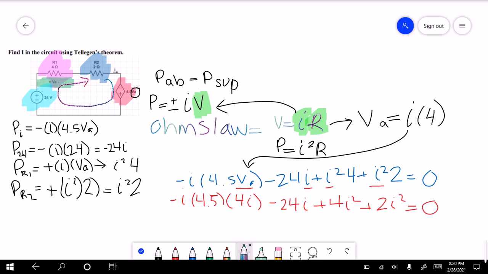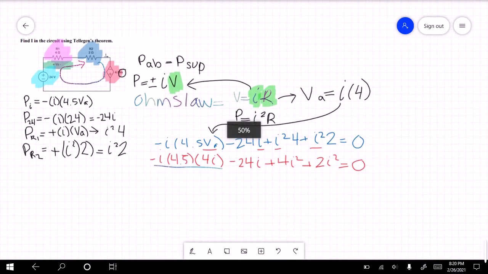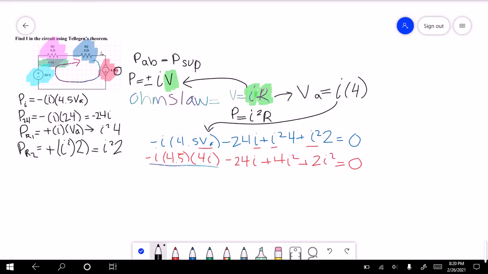Now we're going to multiply that out, and we're going to combine some of the like terms. So 4.5 times 4 is 18.